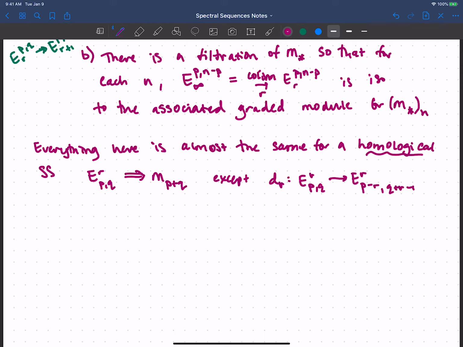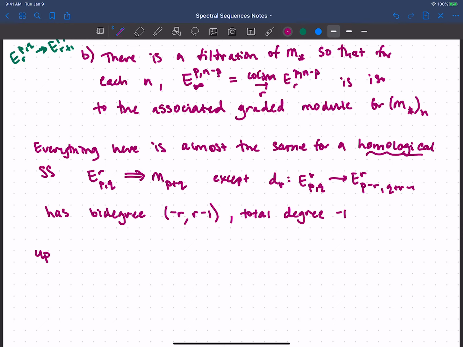Okay, so this really has bidegree, well, now it's going to the left r, so minus r, and then up r minus 1. Okay, and the total degree here is minus 1, as we'd expect for something homological.